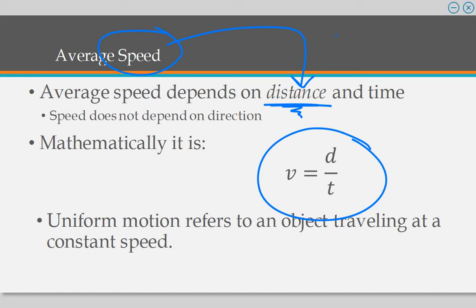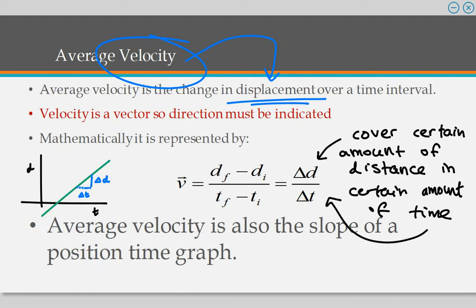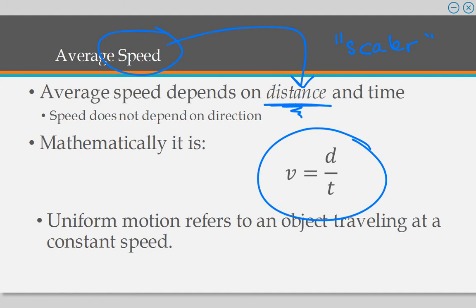Okay, so this one would be your scalar average speed. That would be a scalar. The last one is this one's your vector. Okay, so velocity, vector, look at the v bar. This one's speed, scalar, just v. Depends on distance, not displacement.